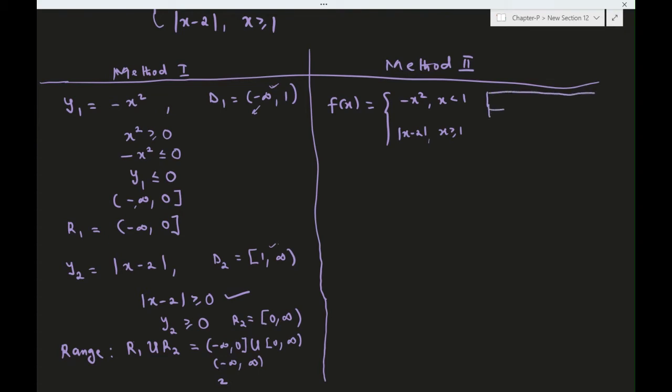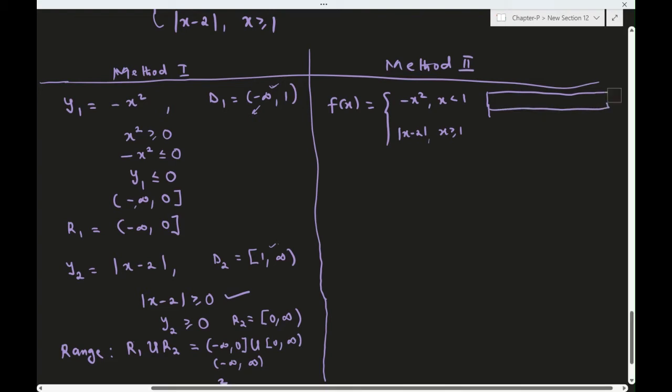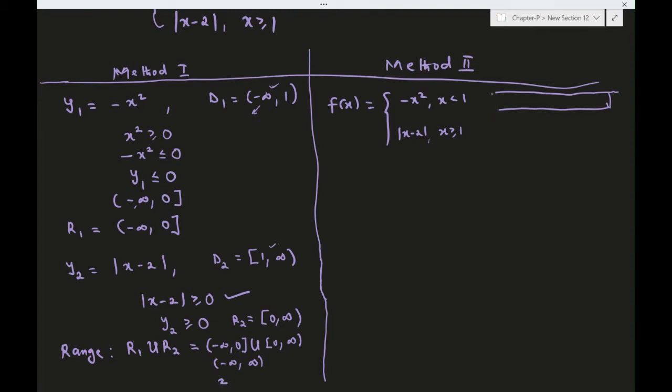We'll pick some points. And here we can have the values of y. So these are the values of x. We just pick some points, and here we can call it the value of y, just for the first piece.